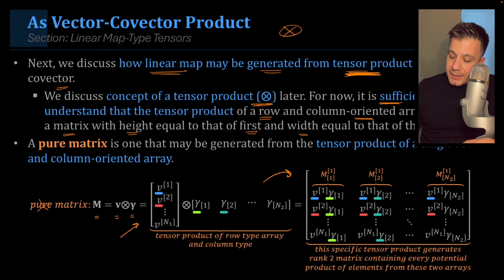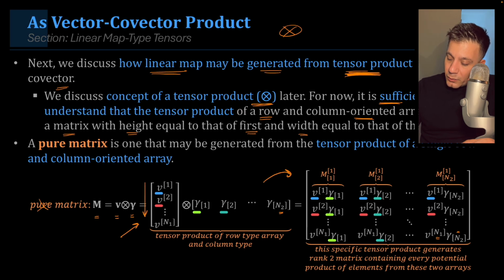Now, the height of the column-oriented array is N1, so we see the same height of the matrix. The width of the row-oriented array gamma is N2, so we see the width is the same. And the individual elements are simply taken from those different combinations of V1, V2, gamma 1, gamma 2.